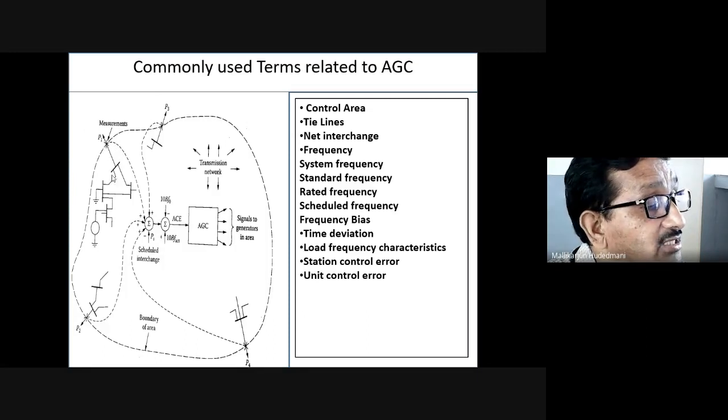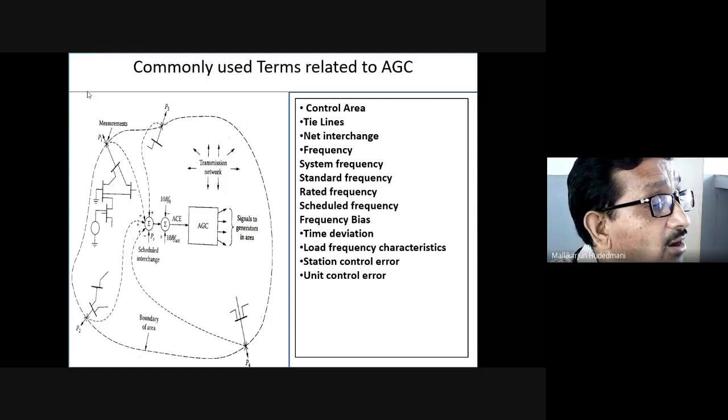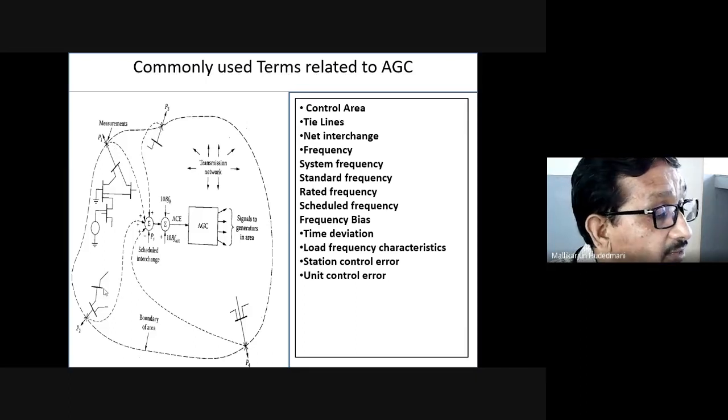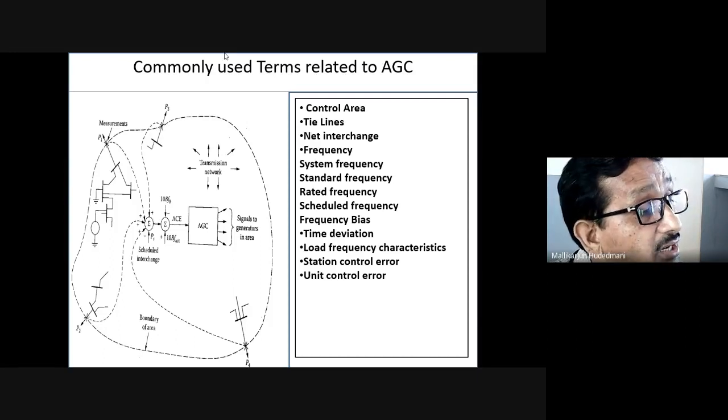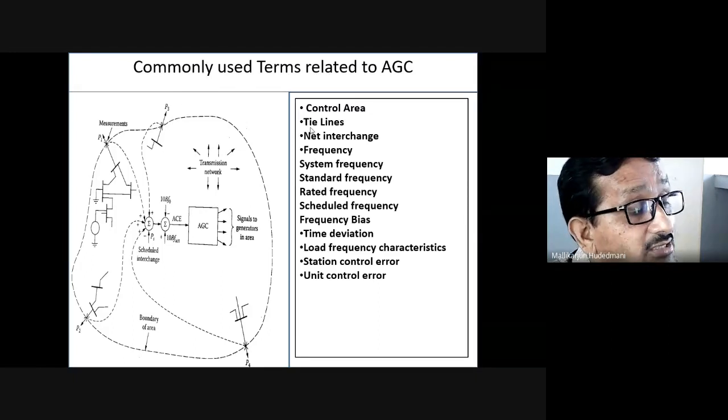At P1, there is a transaction of power from this point to the next corporation, either to sell or borrow power. There is a measurement taking place here. P1 is a measurement, P3 is a measurement, P2 is a measurement, P4 is a measurement. From this point till the next corporation, transmission lines run. Those transmission lines we call tie lines.